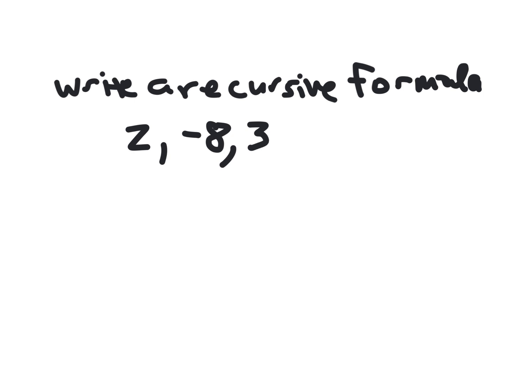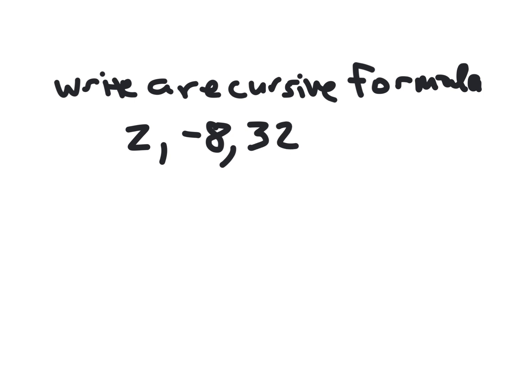I was surprised that this was the one that got the most questions on the day I was gone. Write a recursive rule, or I found out we're going to call it a formula on the test. Write a recursive formula for this, and it is weird because there's a negative in it.